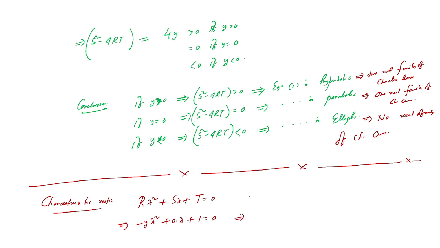And from that we can solve λ = ±1/√y. But this is only possible if we assume the case y not equal to 0. Otherwise, if y equals 0, that will be undefined. So one root is λ1, that is basically +1/√y. Another is λ2, that is −1/√y.